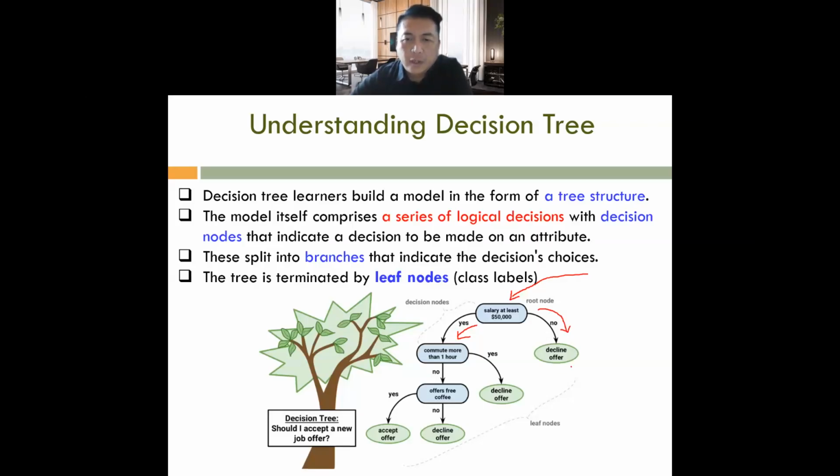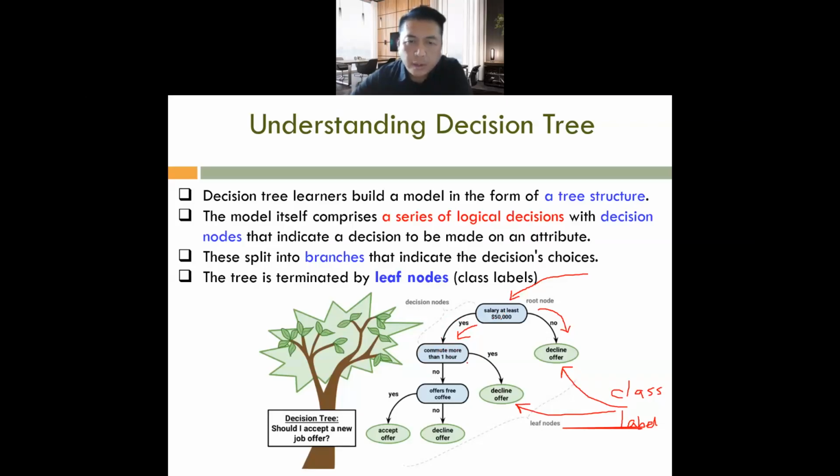Okay, so for the decision tree, the leaf is considered as the class label. Okay, so this is the class label because we want to classify, right? Okay, so when we have a series of logical decisions, for example, if we go salary at least 50,000, yes.